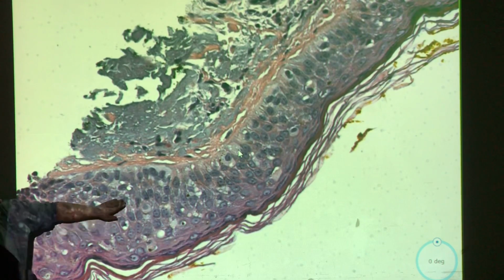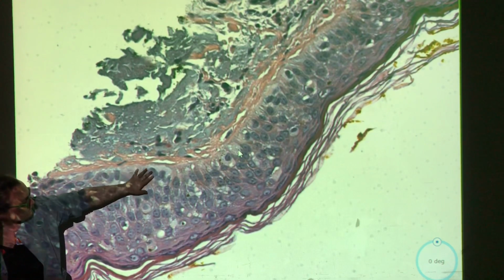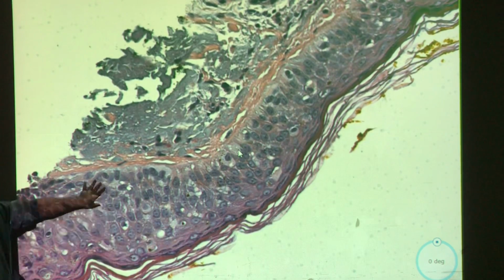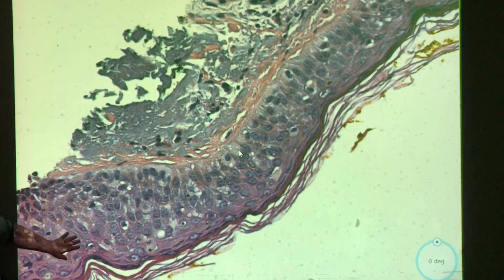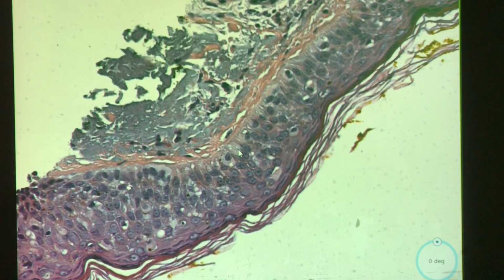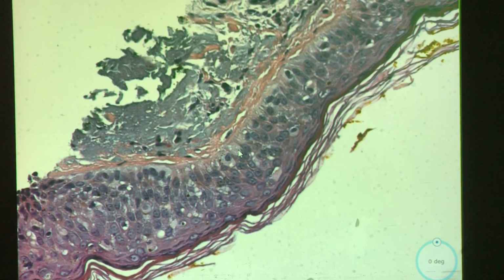These look more normal even though they're enlarged, but then you start seeing them up here, and the features are atypical because of the enlargement. Is that a mitotic figure? It's kind of hard to make out. But atypia involving melanocytes at all levels, confined to the epidermis, so this is melanoma in situ.